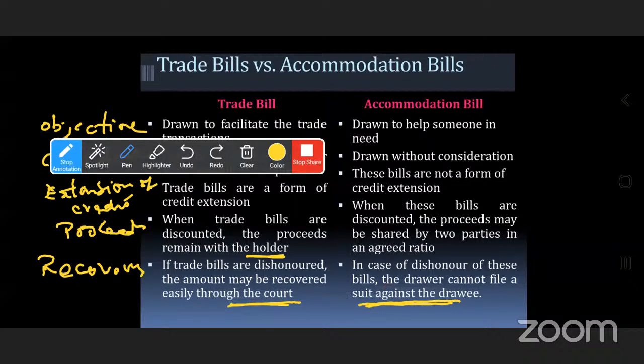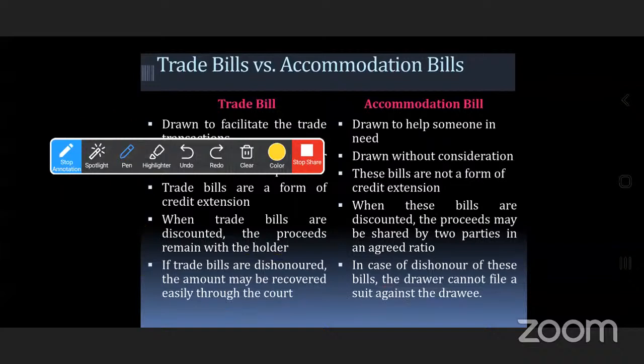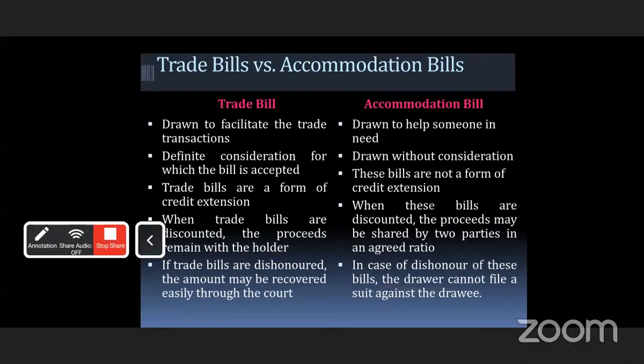Okay, so these are the basic differences of trade bills. With this, I shall end the class. Hope you all understood.